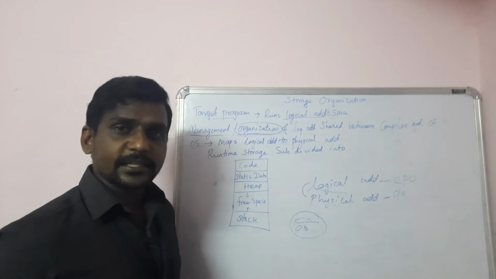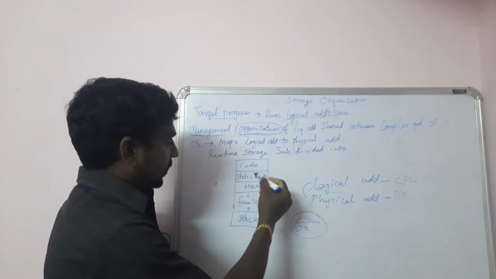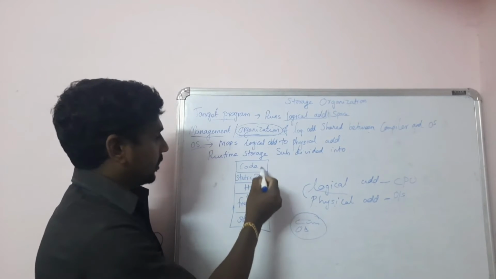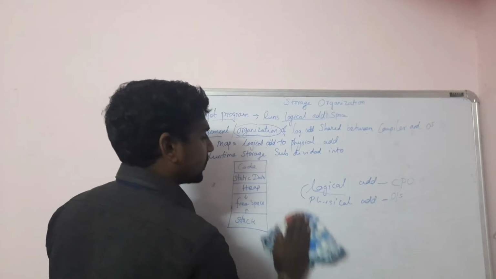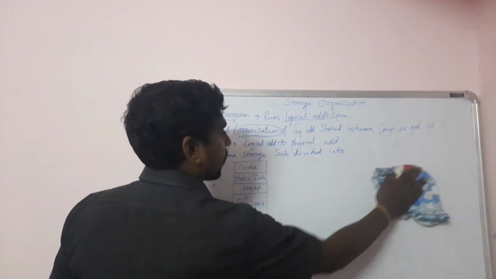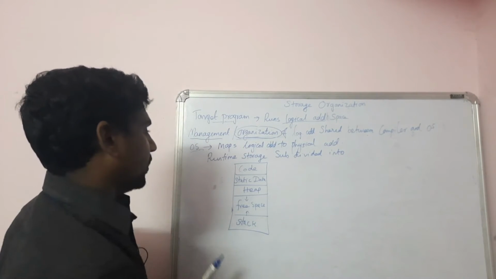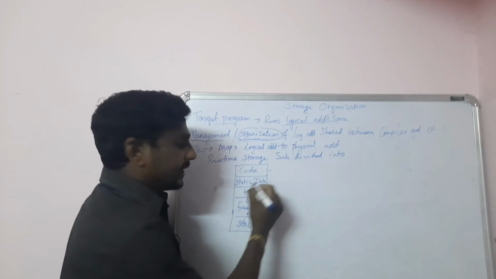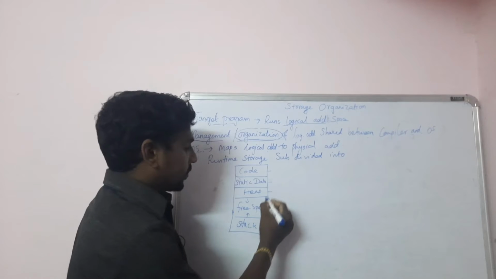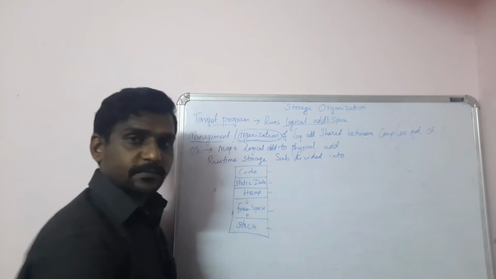Now the storage is subdivided into this format. Normally the storage is organized in this format: first one is code space, second one is static data, then heap data and free space, and stack.